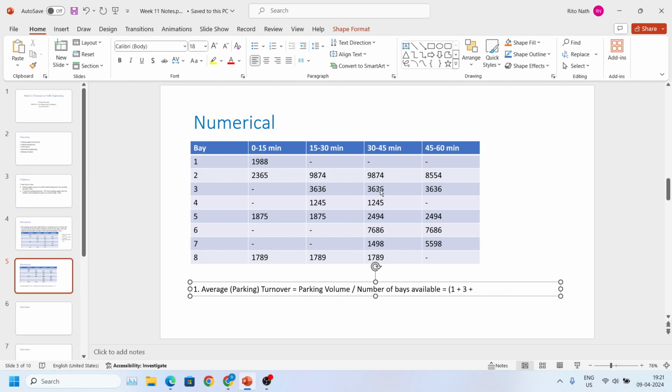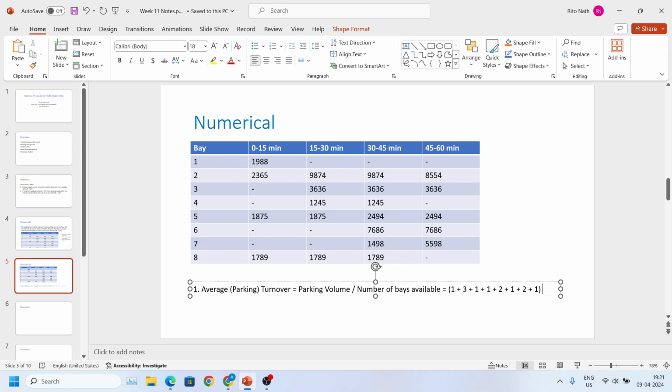For the third bay, it's 1. For the fourth bay, again, there is only one distinct vehicle. For the fifth bay, there is one vehicle, 1875, and another with license plate 2494. So this is 2. For the sixth one, it is only one vehicle. For the seventh one, there are 2 different vehicles. And for the eighth one, there is only one vehicle.